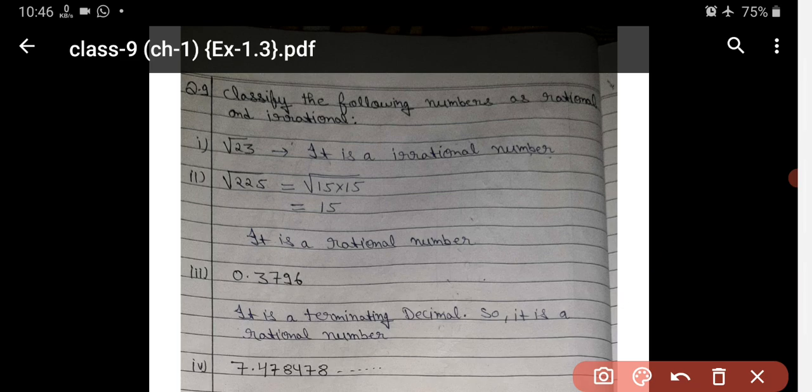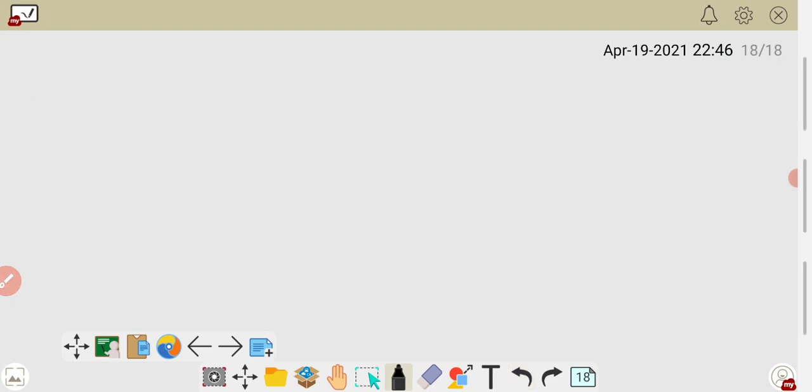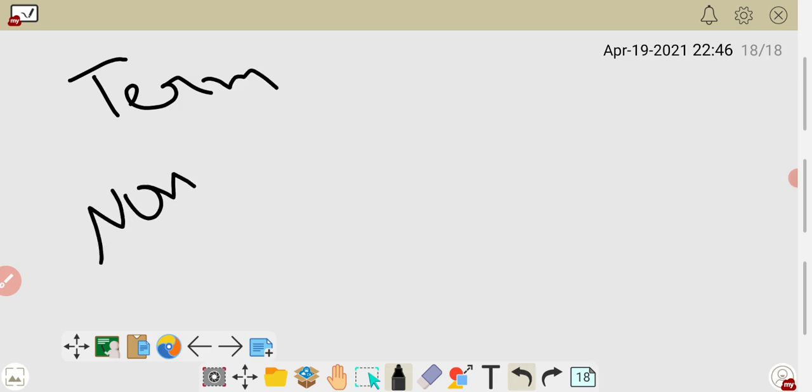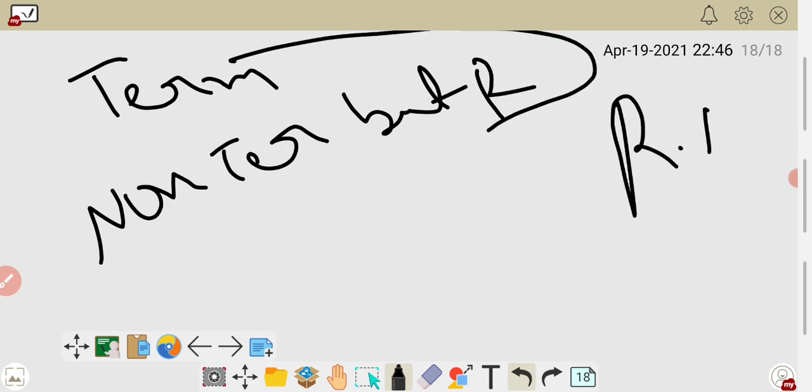0.3796. Beta, is this terminating or not? I told you in the basic concept also one important thing. Once again I am going to remind that concept also. If the number is terminating, and non-terminating but repeating, so they both represent what? Rational number. They both represent rational numbers.